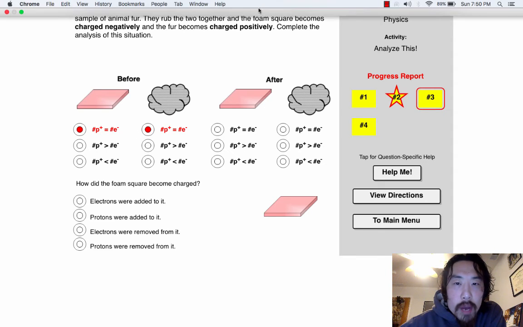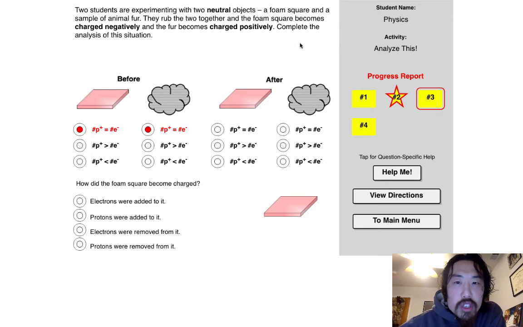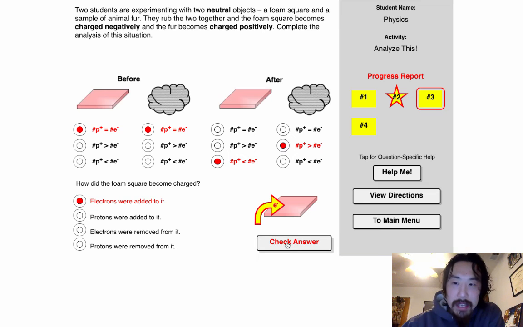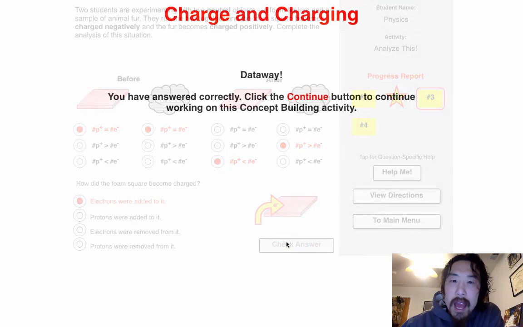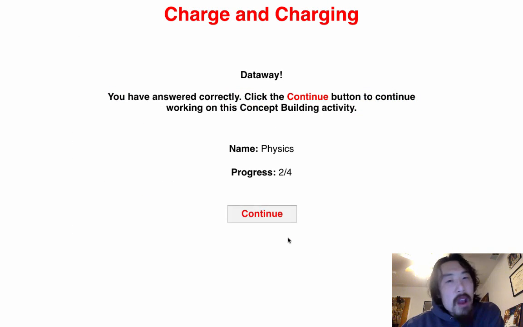After they rub them together, the foam square becomes charged negatively, so it has more negative electrons, and the fur is positive, so it has more positive. How did the foam square become charged? It gained electrons, so the electrons from the fur jumped onto the foam. So we can say electrons were added to it. I still got it.